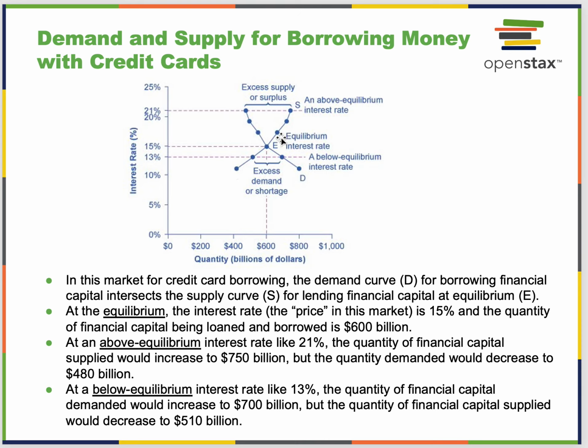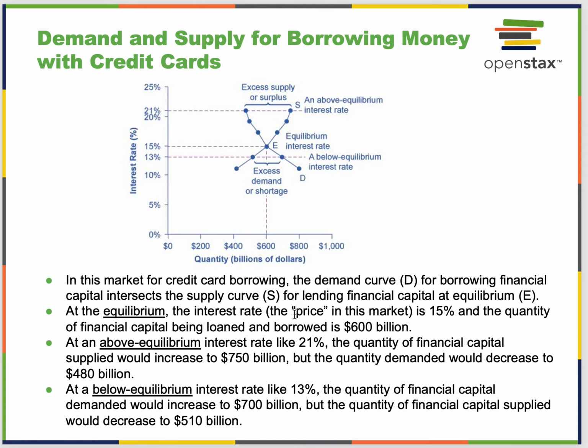So there's a supply of financial capital. You don't have the money, but you're using your credit card to buy something. So there are people demanding. Based on interest rates, there's some equilibrium where people are willing to demand and people are willing to supply, and it ends up being about 15%. I think most of us are at like 19, 20% now.